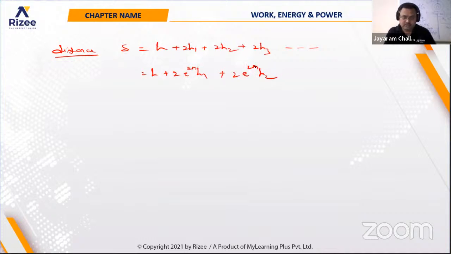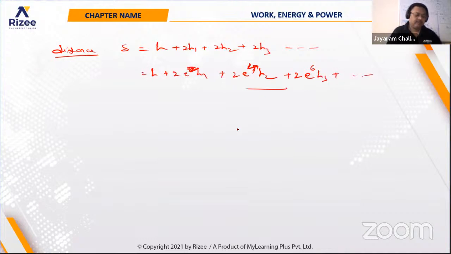So 2n means it will be 4, it will be 2 plus 2 into e to the power of the third one. That is 6h2, like that. It will be 6 times, with n value 3 in terms of h3, like that.